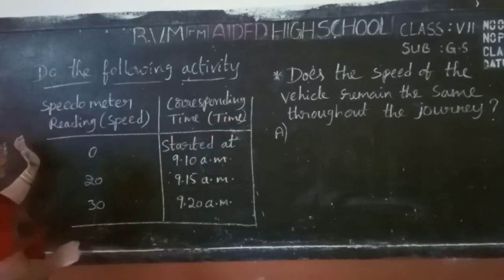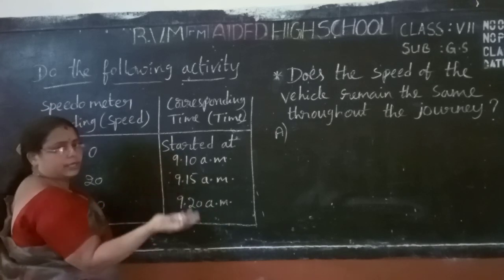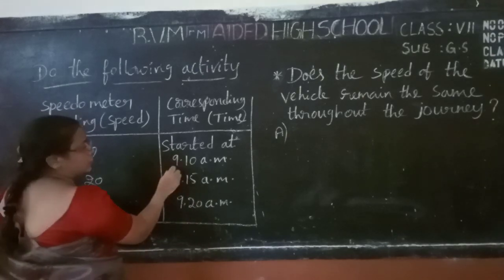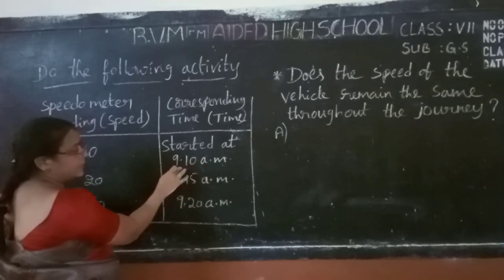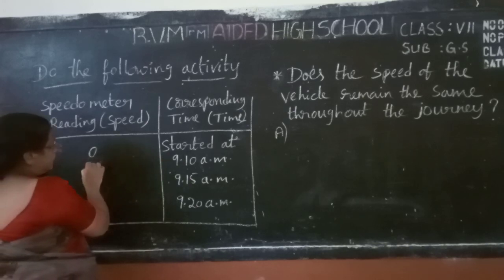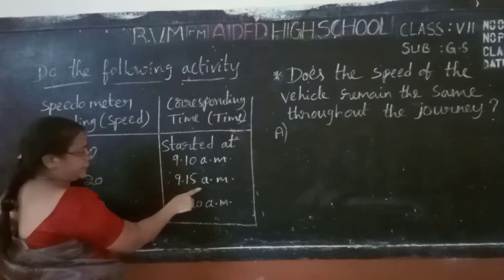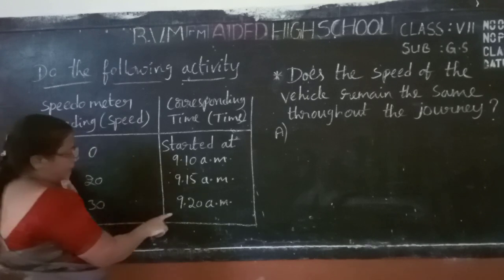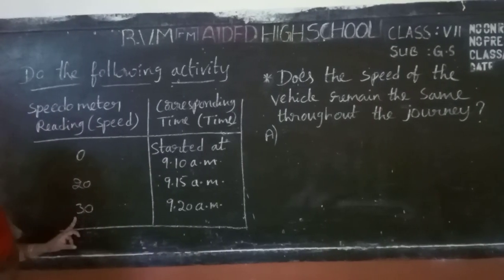Suppose you started for school, or went to a market or any other place on your father's bike. You started at 9:10 a.m. at your house. The speedometer shows 0 speed, and at 9:15 a.m. the speedometer shows 20, and at 9:20 a.m. the speedometer shows the speed 30.